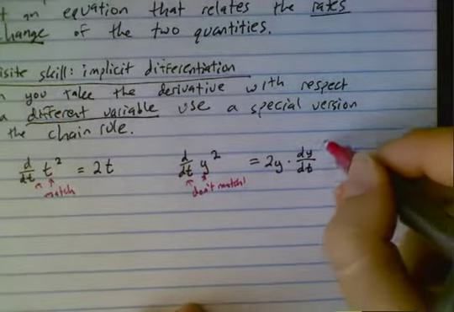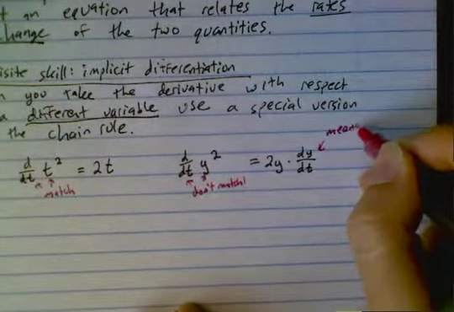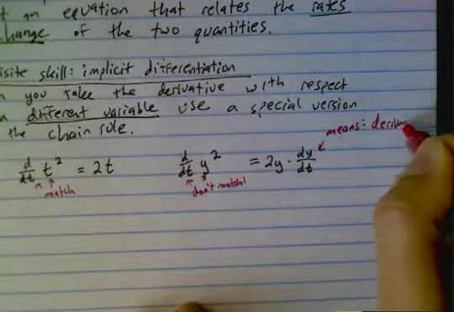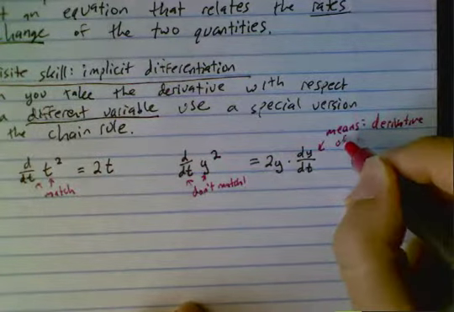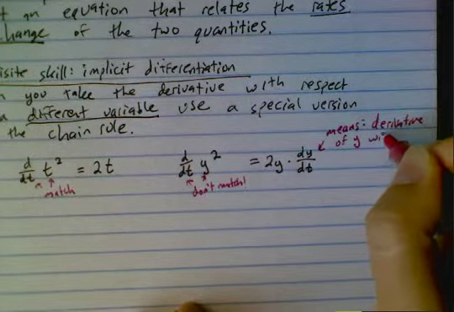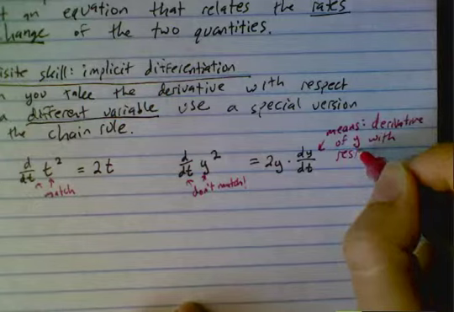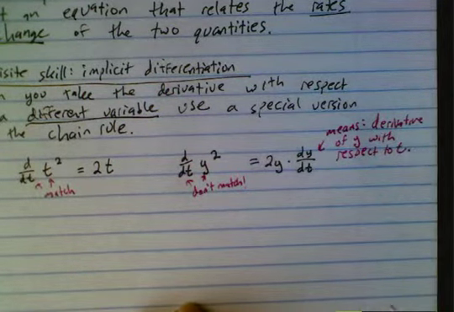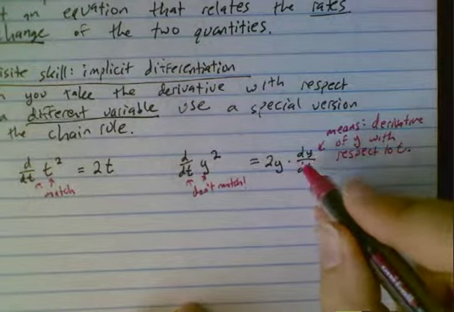This means derivative of y with respect to t. Because we don't know what it is, we're just going to leave it.